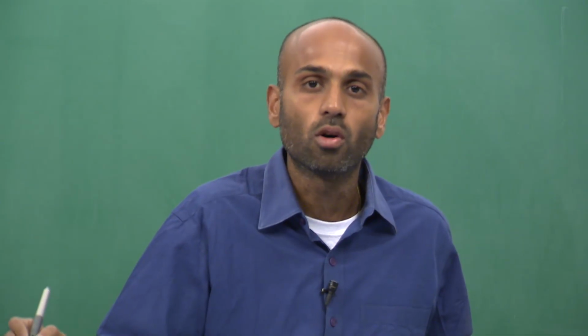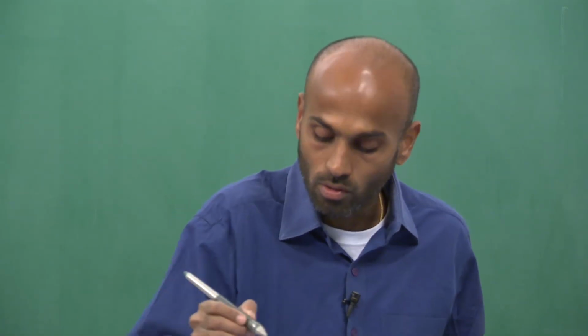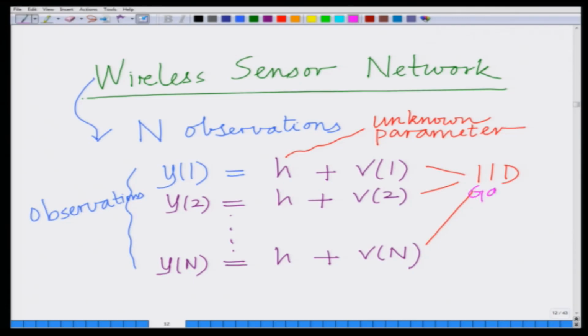These are IID Gaussian noise samples with mean 0 and variance sigma square.